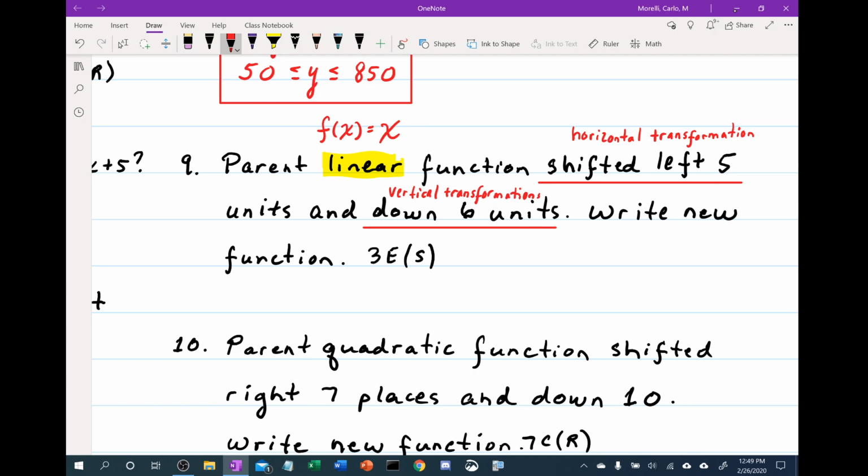Okay, so how do we do a horizontal transformation? Let me show you. It's a great question. Thank you so much for asking. Let me show you how to do it. You take f of x, set that equal to, open parentheses, x. Now it's a shift to the left.